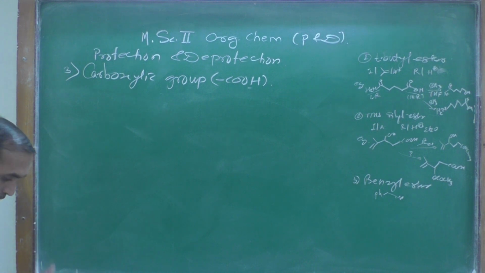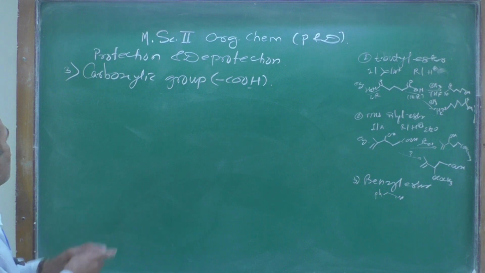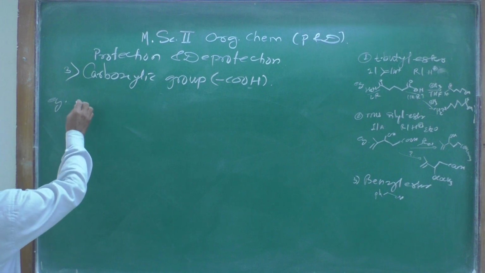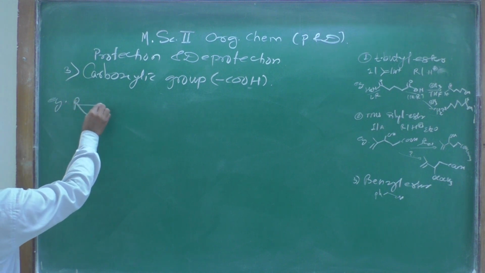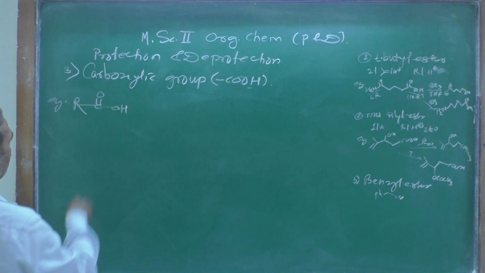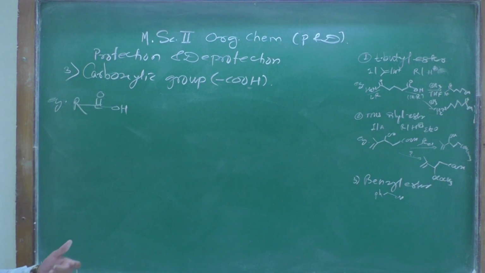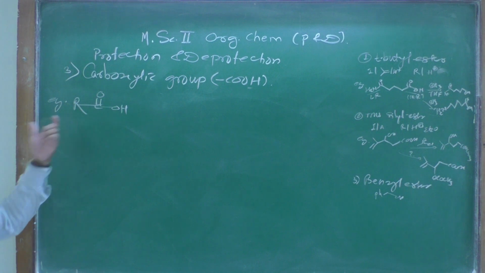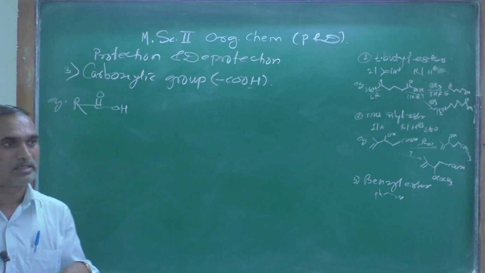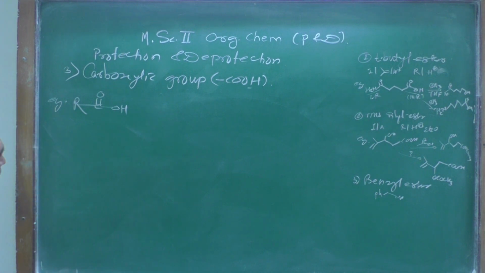Let us see, to get the desired product, for example, the carboxylic group. We know that the general formula of an acid is RC double bond OH, where R may be an alkyl group or an aromatic group.